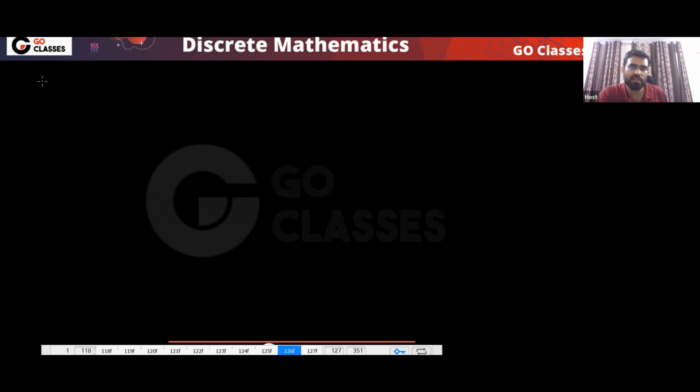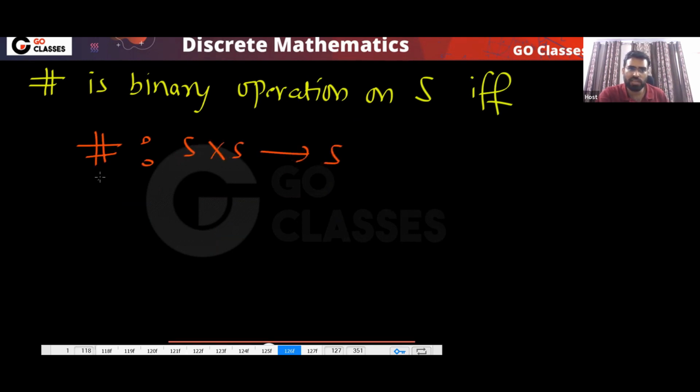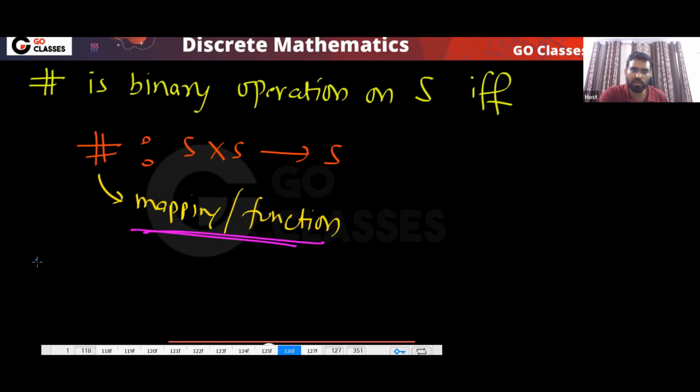From this definition, hash is a binary operation on S if and only if hash is a mapping from S cross S to S. Mapping means function. But how does it relate to the closure property?